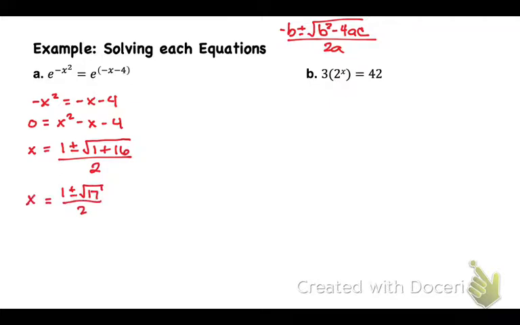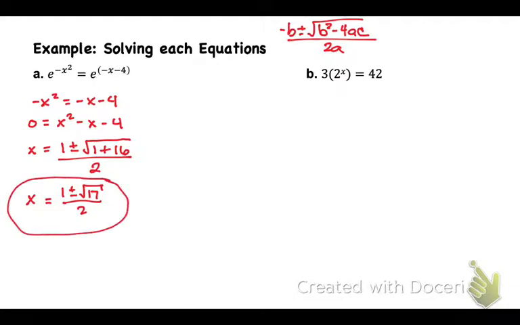Now, are there any limitations on the domain of what I can put into an exponential function? There's no limitations. It's all real numbers, right? So are both answers good then? Yes.